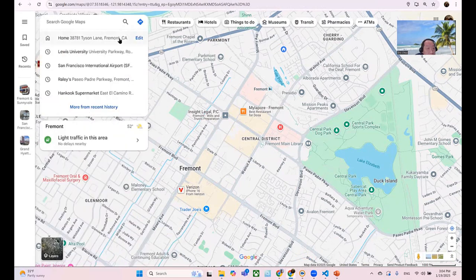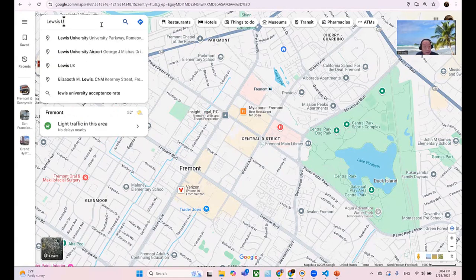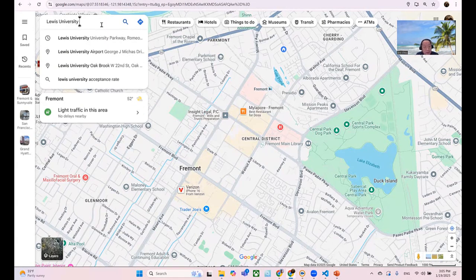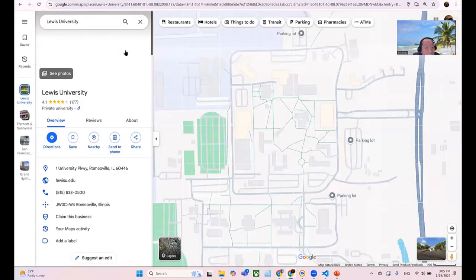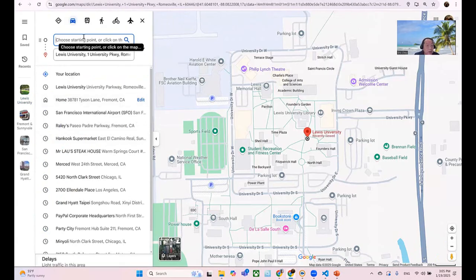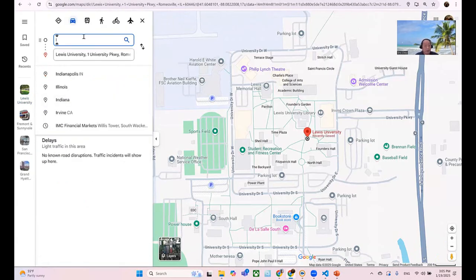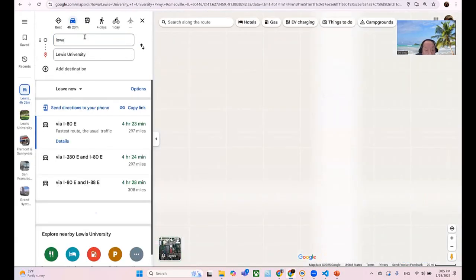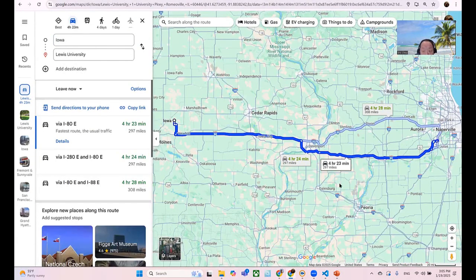Let's try Lewis University, and then let's have a direction, starting from, let's say, Iowa. Okay, so it's a 4 hour drive, not far away from your Iowa.